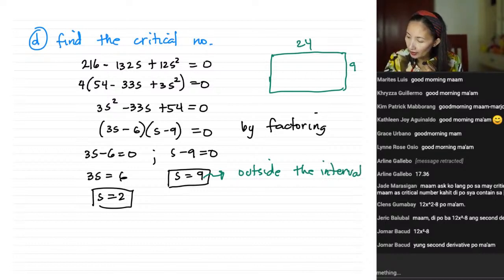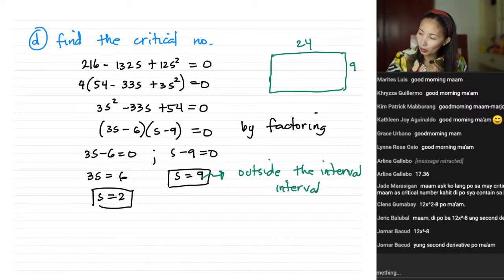So it's impossible to cut out all of them. Then if we cut it out, we cannot form a rectangle anymore. So we cross this out, because it's outside the interval. Remember that our cardboard is only 24 cm long and 9 cm wide. So we shall consider s equal to 2.